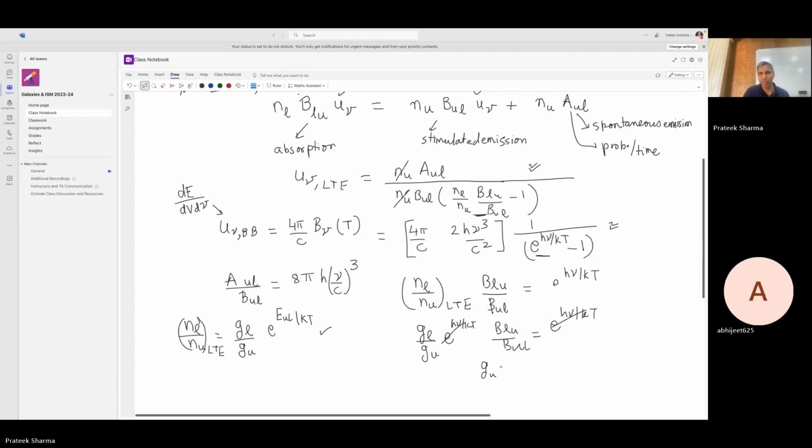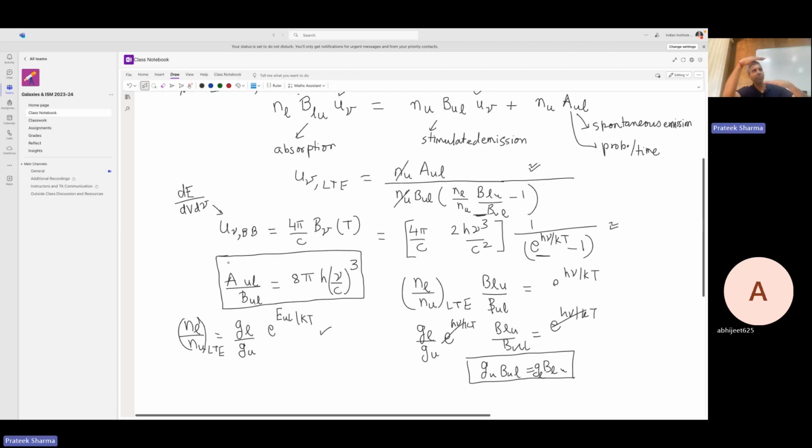So g_U B_UL equals g_L B_LU. So this is how Einstein's coefficients are related. Once I give you A_UL for a particular transition, you know B_UL and B_LU from this kind of detailed balance consideration. This is very, very fundamental.